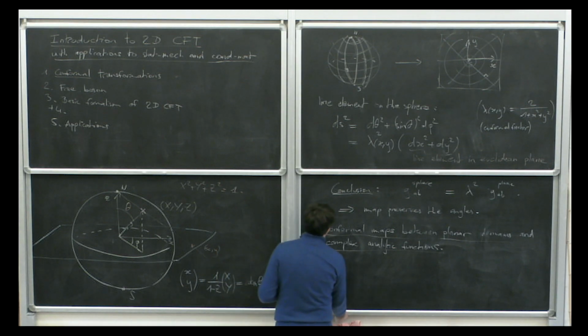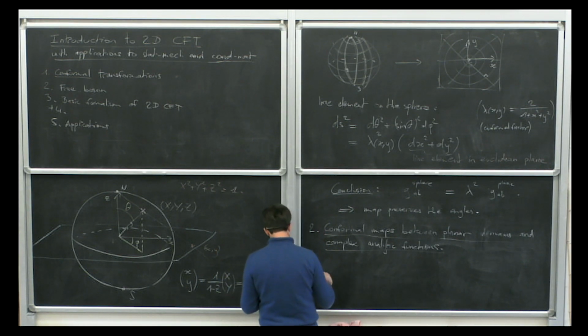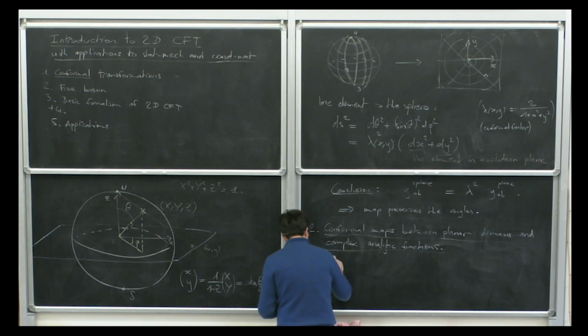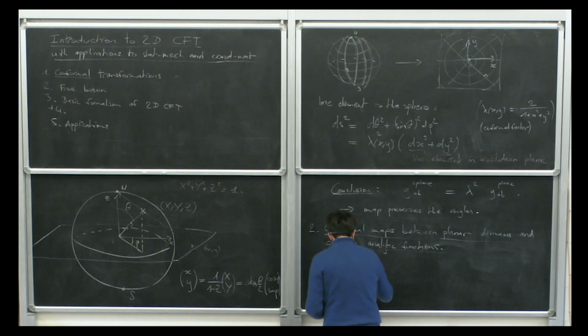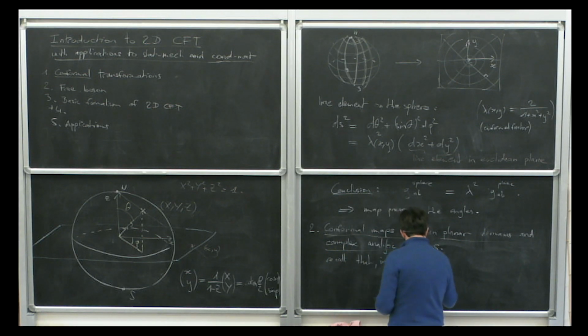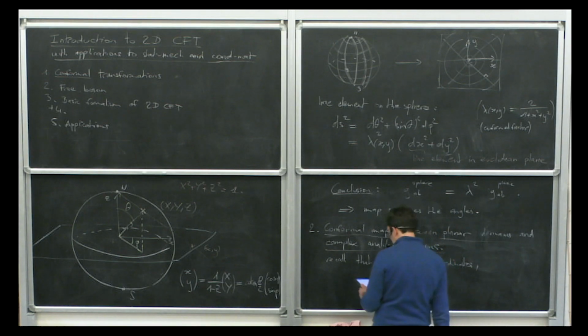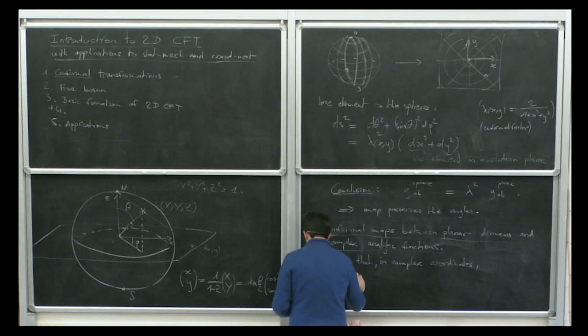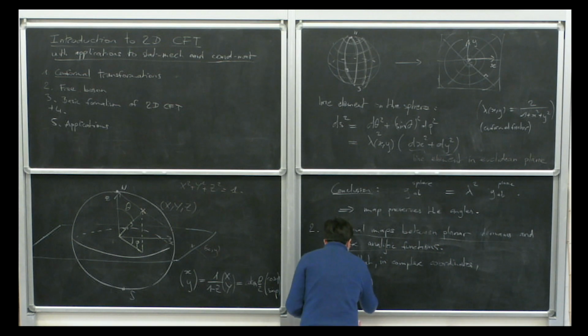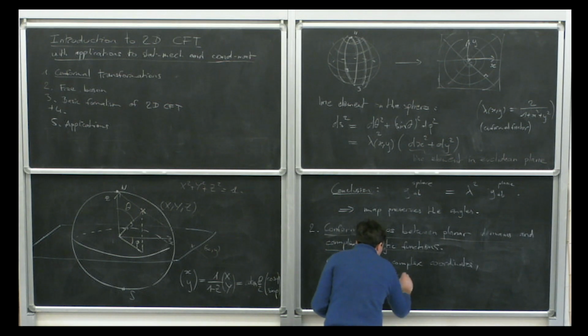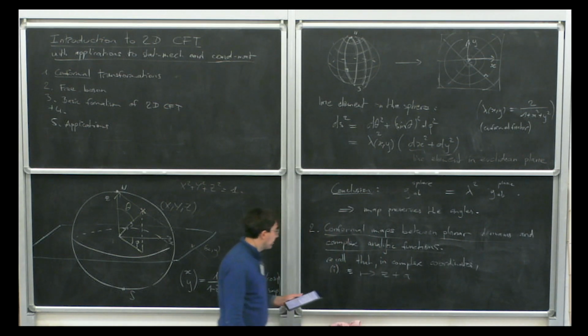Okay, so some very basic facts about complex calculus, complex analysis. Recall that if you use complex coordinates for points in the plane, a map Z maps to Z plus A, where A is some complex constant.